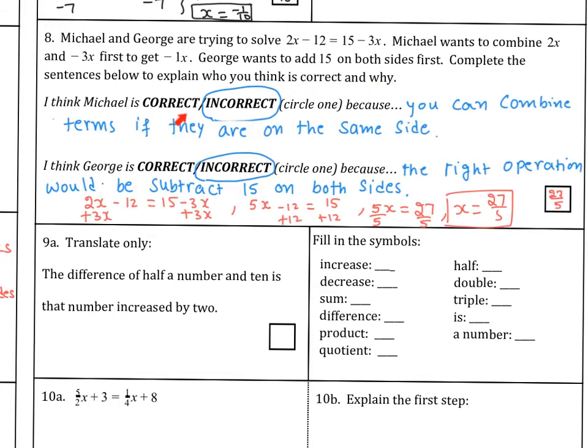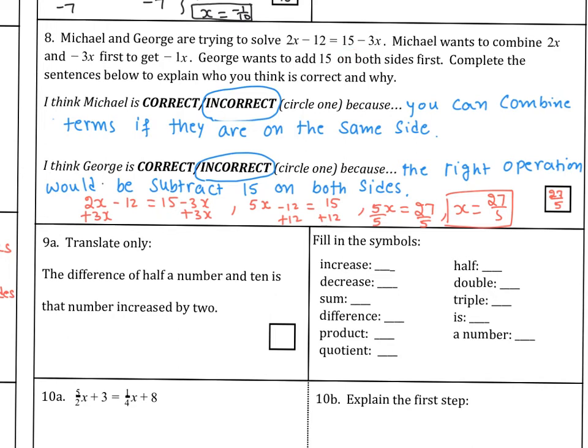I think Michelle is incorrect because you can combine the terms only if they are on the same side. Also, I think George is incorrect as well because the right operation should be subtract 15 on both sides, because the opposite operation of 15 is negative 15 on both sides.